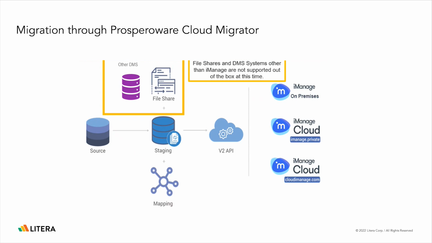So you can go through and synchronize things, whether it's from source to staging or staging to destination. And if you find something, even in the destination, that's amiss, you can go back and do a resync, fix it and resync it. And this is not uncommon in Cloud Migrator.